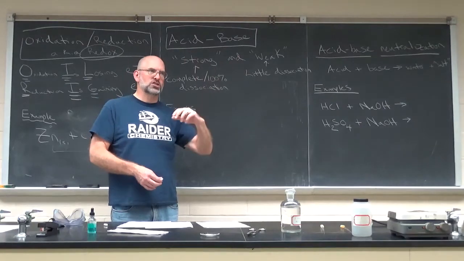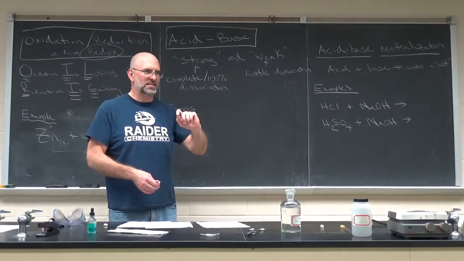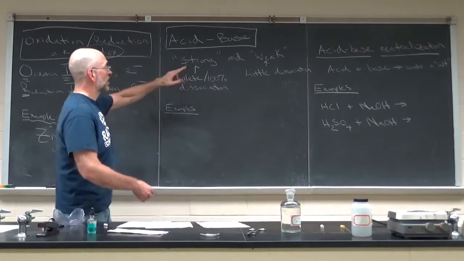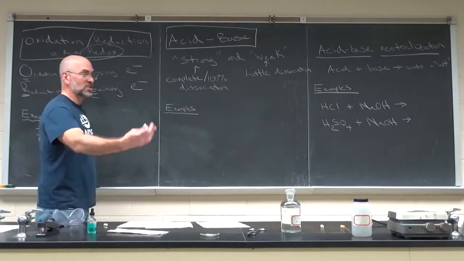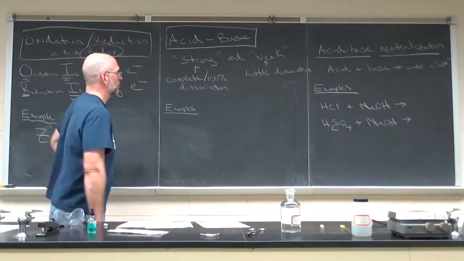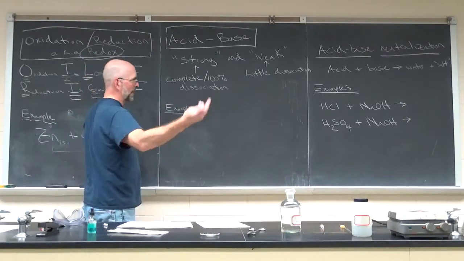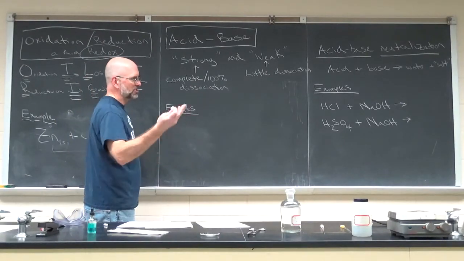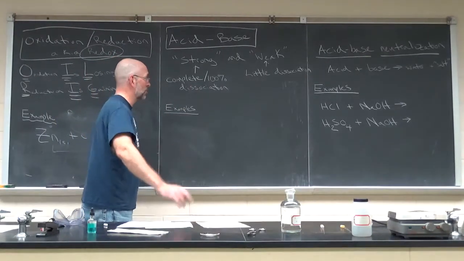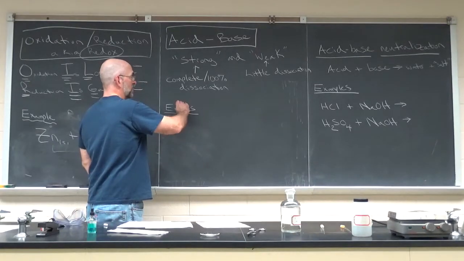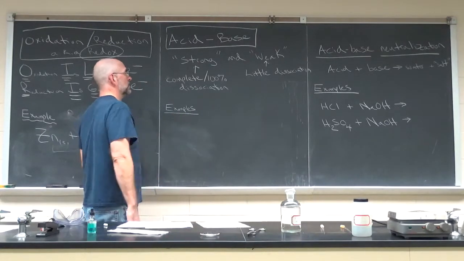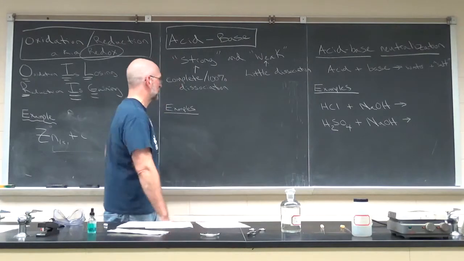High concentration does not necessarily mean that something is strong or weak. Strong and weak means how much they dissociate, break apart, when put in water. Strong acids or bases, I'm going to do acids and maybe mention bases. Some of this you have to do on your own. They completely dissociate in water, 100%. If it's weak, you don't get much dissociation.